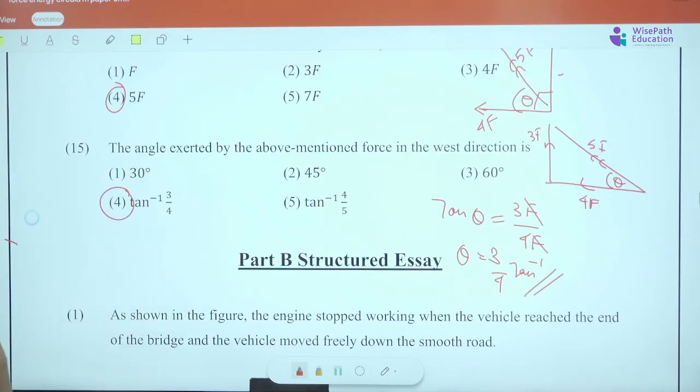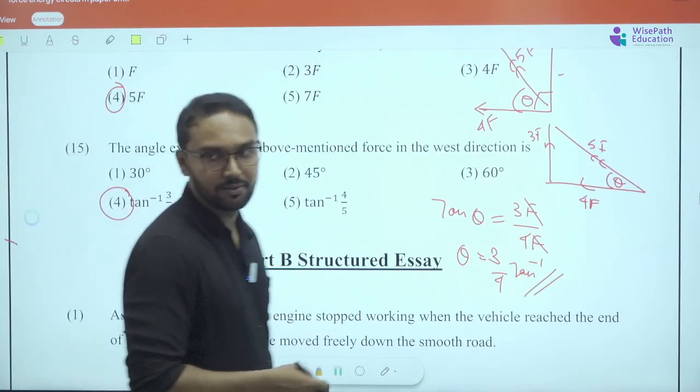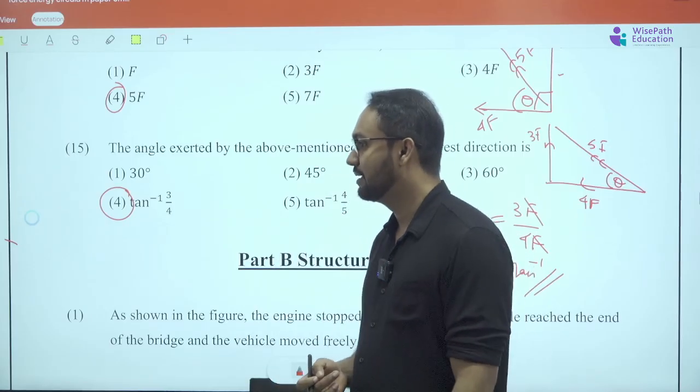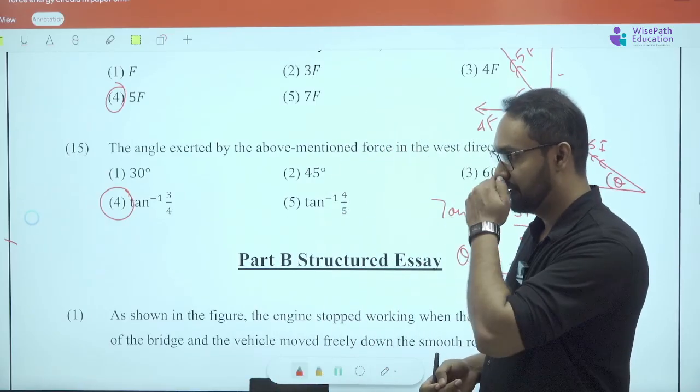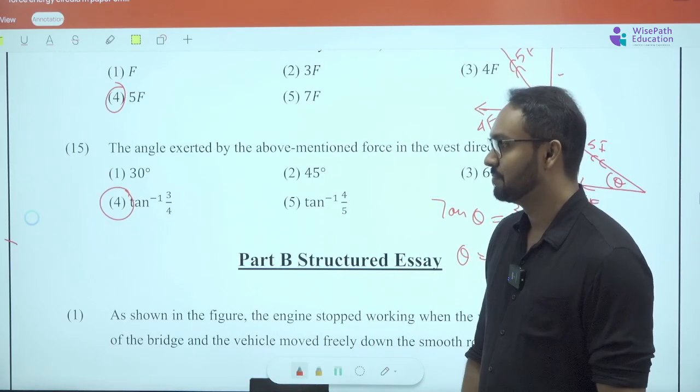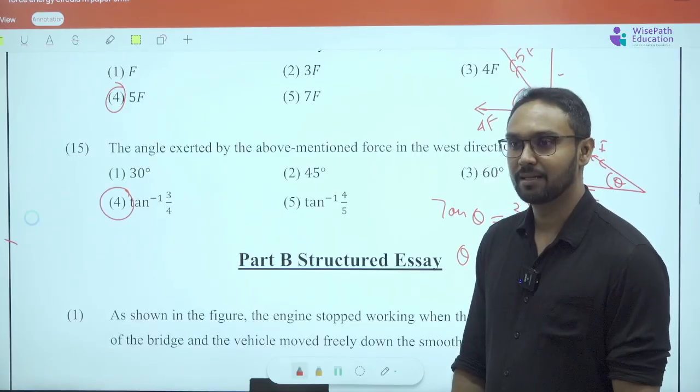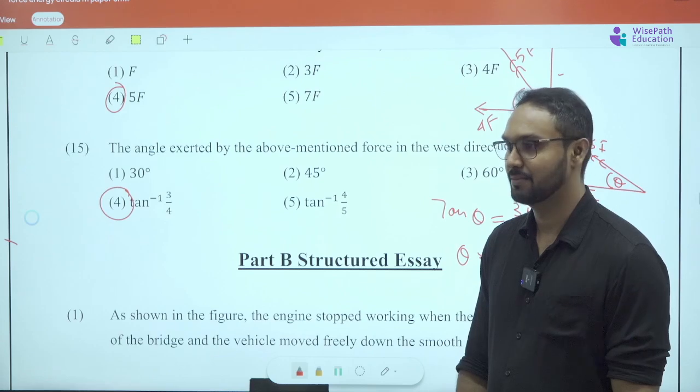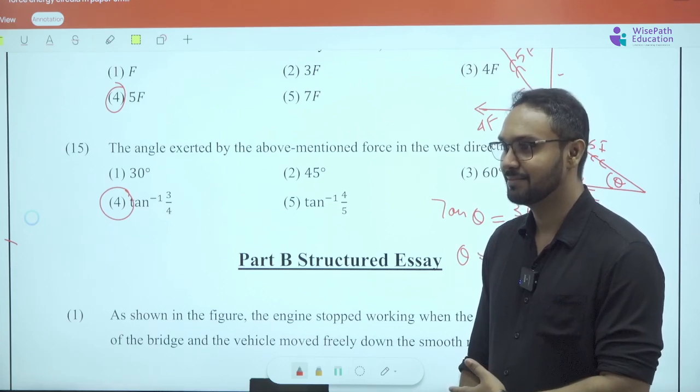Right. Out of 15 online people, can you tell how many MCQs are correct? How many are correct? Did you answer it? No, right? It's only 15 there.